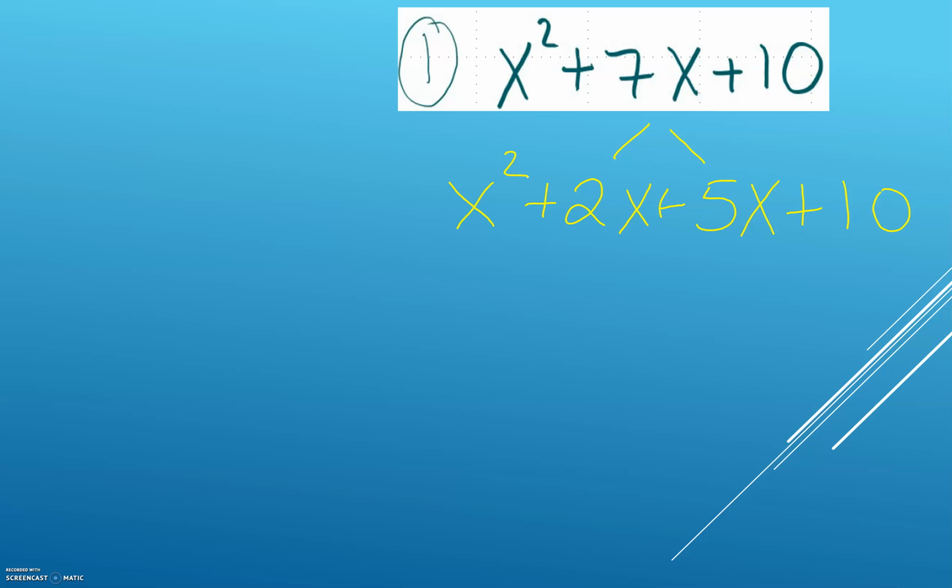Now when we do this, we're going to split the middle. So we're going to look at the first two terms and see what's common to both of those, and look at the last two terms and see what's common there. Looking at our first two terms, we have x squared plus 2x. They have an x in common, so I can factor that out. If I factor out an x, I'll have x times the quantity x plus 2. If I look at the last two terms, I have 5x plus 10. They have a 5 in common, so I can factor out a 5 from both of those terms.